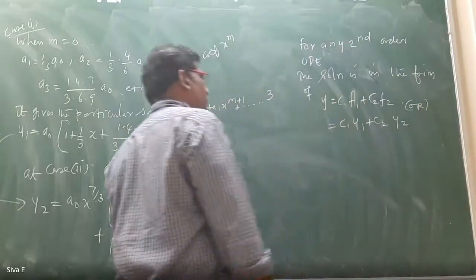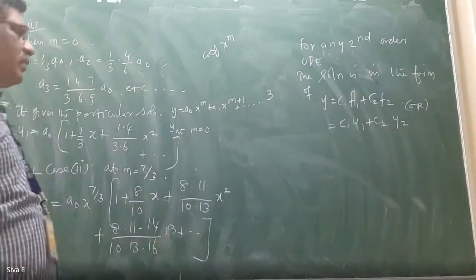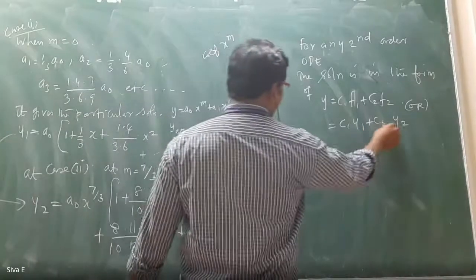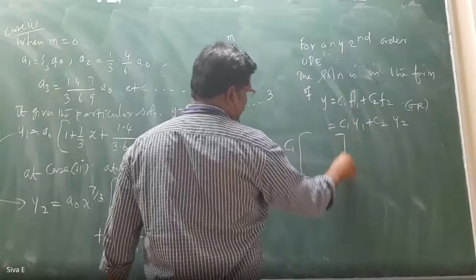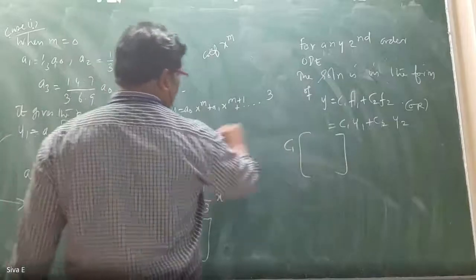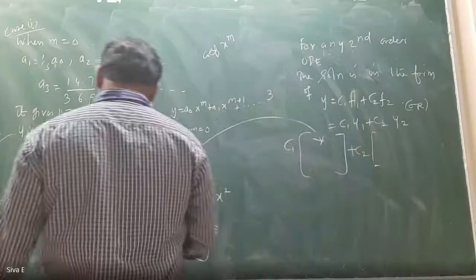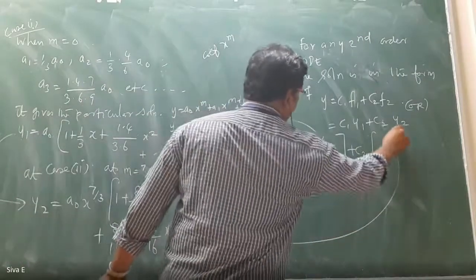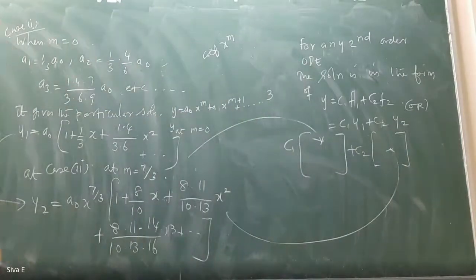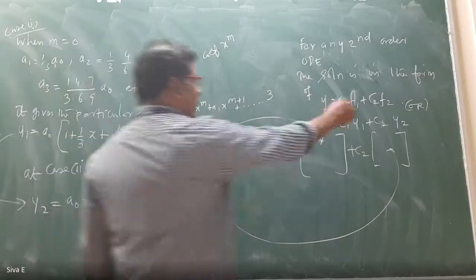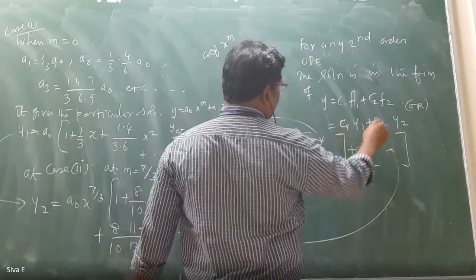So C1 Y1 plus C2 Y2 means substitute that Y1 value here, plus C2, this Y2 substitute here. Write down C1 Y1 plus C2 Y2. Write that it is small c1, small c2.